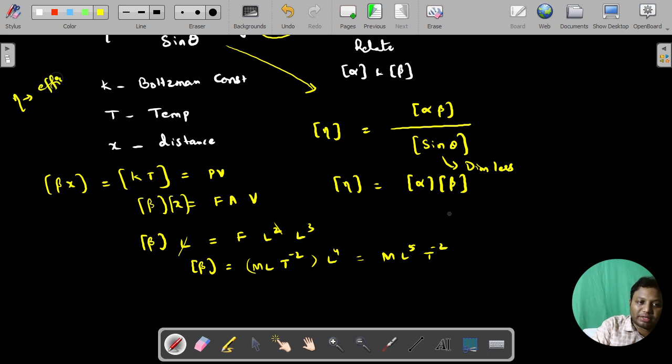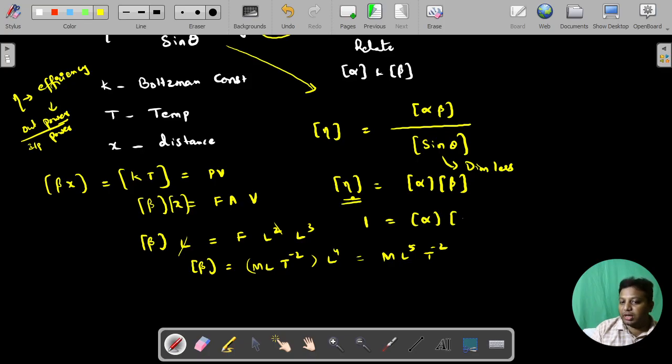In this problem, they are saying that eta is efficiency. Efficiency means output power divided by input power. Numerator and denominator have the same physical quantity. So efficiency is dimensionless. If this is dimensionless, we have to write 1. So it means alpha into beta equal to 1.